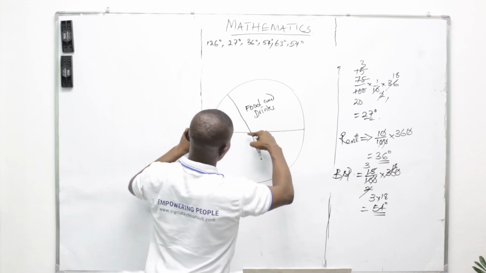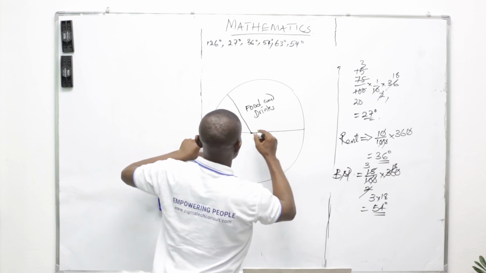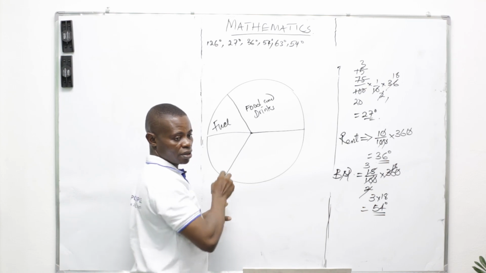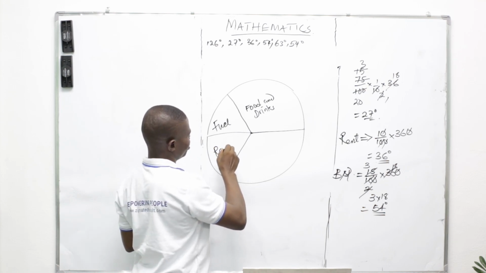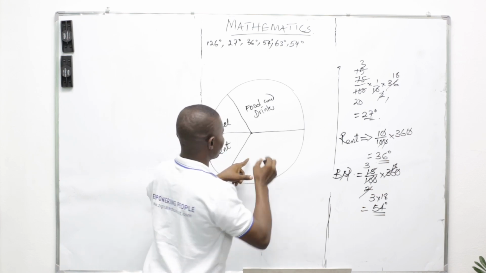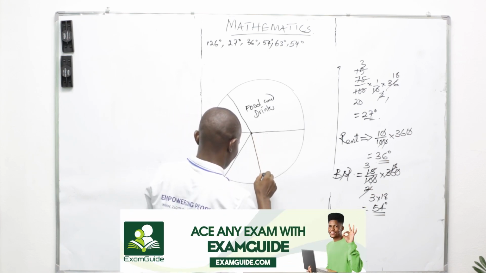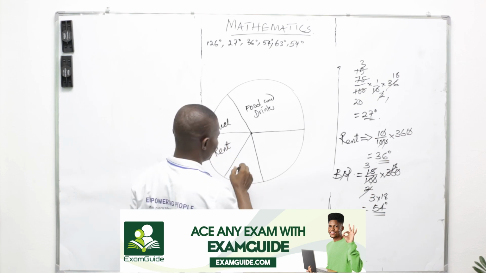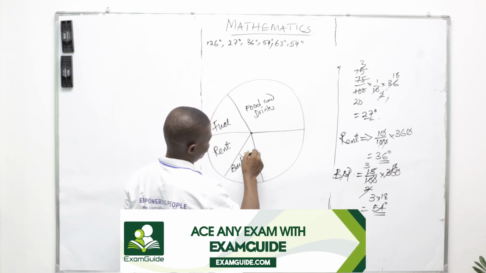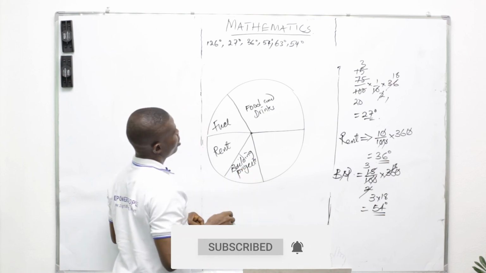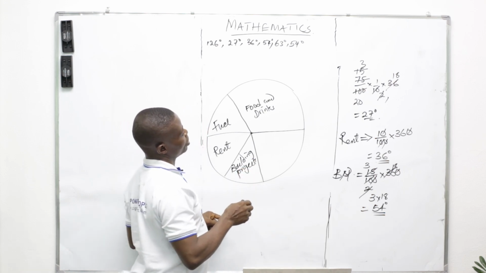Move it from this point, position it here, then measure what? 36 degree. You call it rent. You measure 54 degree, you call it building project. Then you measure 63 degree.